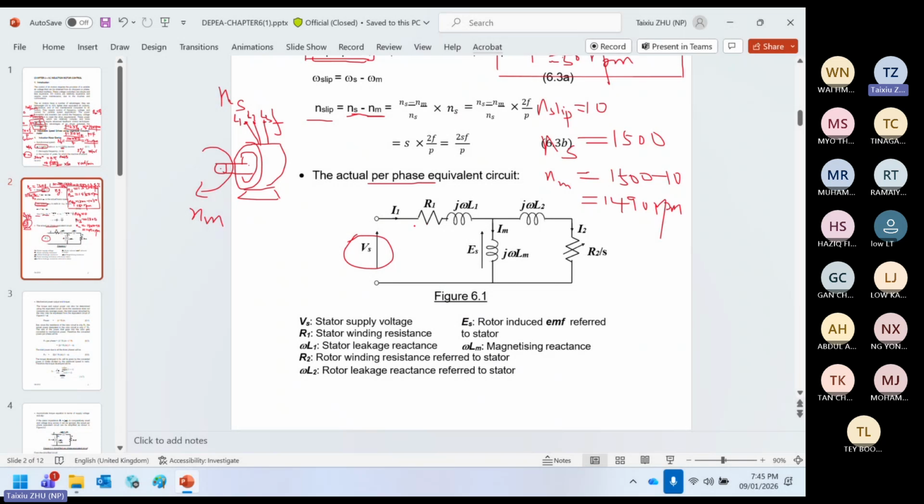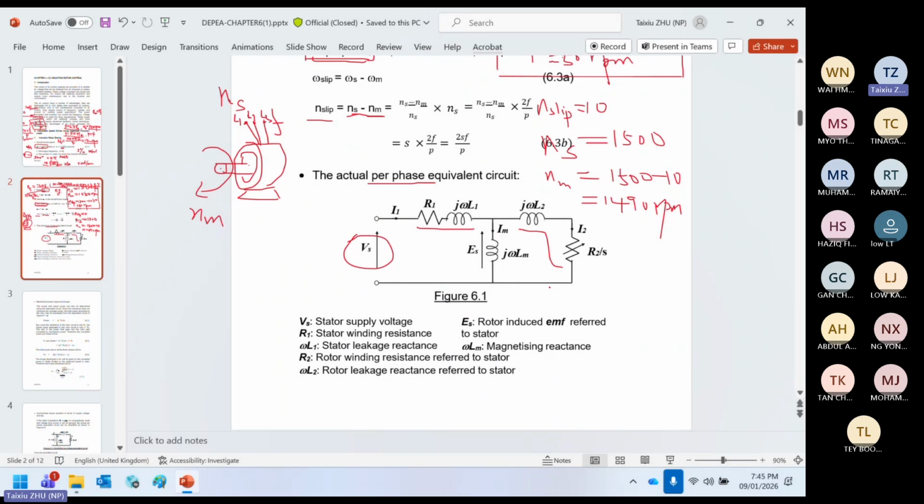Now this part basically is the leakage reactance and stator resistance. This one is the stator. The other part is the rotor. Here is a magnetizing coil. Remember, through induction, the induction motor rotor gets the current.